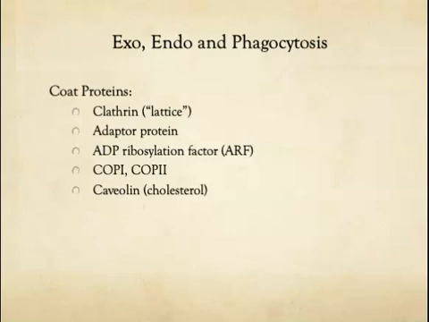There are coat proteins called COPI and COPII. There are some called caveolin. That is the coat protein that happens to be involved in the RME process for cholesterol. There are lots of coat proteins, and more of them are being discovered all the time. The important thing to remember is just their general role in the process of RME.